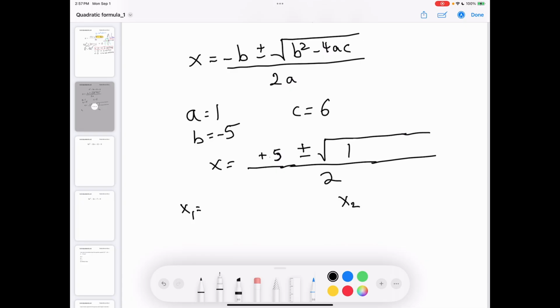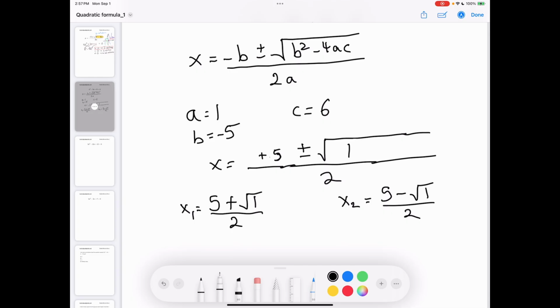My x1 is going to be the scenario where we take the positive: 5 plus the square root of 1 divided by 2. And my other solution is where we take the negative, so that's 5 minus the square root of 1, all of that divided by 2.